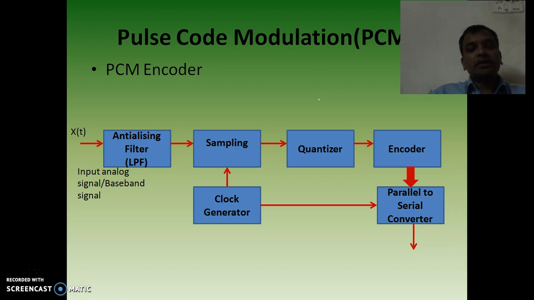Let's have a look at pulse code modulation, the PCM encoder. The first block is the anti-aliasing filter. It is simply a low pass filter to avoid the aliasing effect present in the sampled signal.